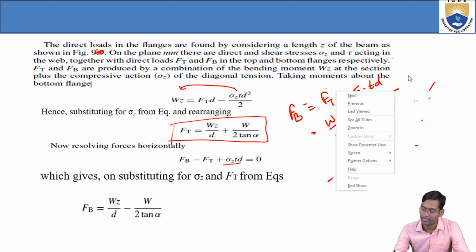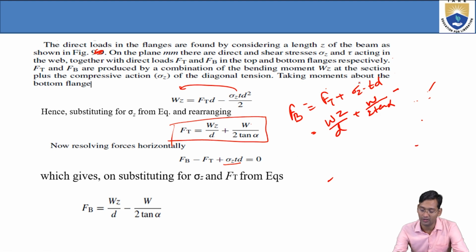minus W by 2 tan alpha, this comes this side, so this whole thing for this one, and plus sigma Z into T D. That will be, yeah, because from this FT is equals to FB plus sigma Z TD.